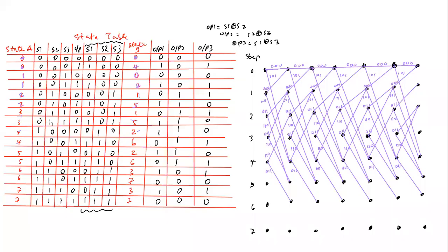And also we have 5 to 2, 5 to 6. So we have 5 to 2, 5 to 6.